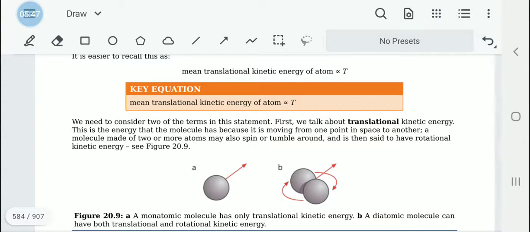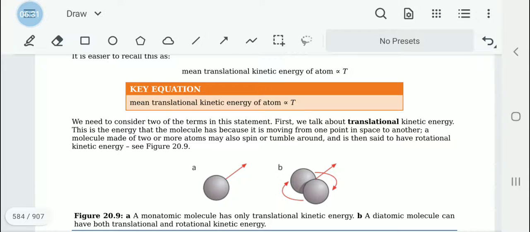Then this translational kinetic energy is received by a particle because it is moving in space from one point to another. Due to this movement, it has a translational kinetic energy. That is the kinetic energy that can be translated. Then when there is a molecule that is made up of two atoms, while they move from one place to another, they will also spin or tumble around its own axis.